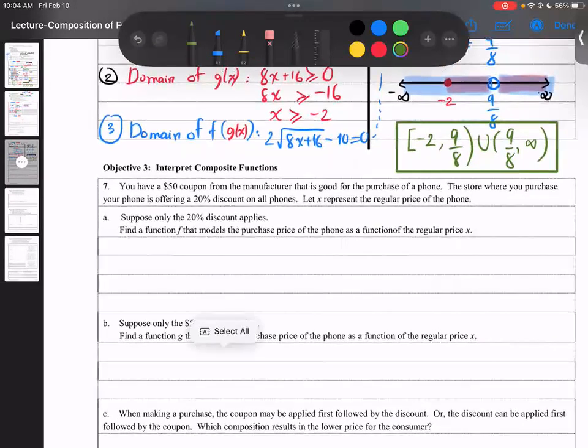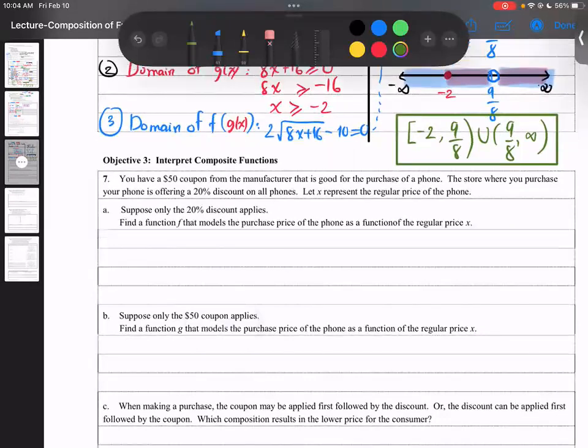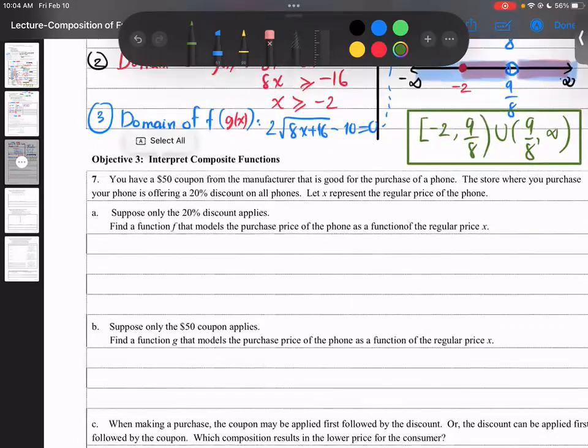Say you have a $50 coupon from the manufacturer that is good for the purchase of a phone. So you want to buy a new iPhone, and you got a coupon for $50 off. The store where you purchase your phone is also offering another 20% discount on all phones. Let x represent the regular price of the phone before any discount at all.